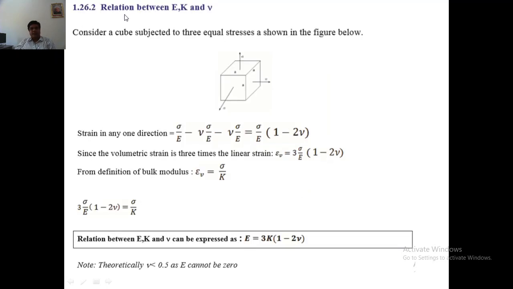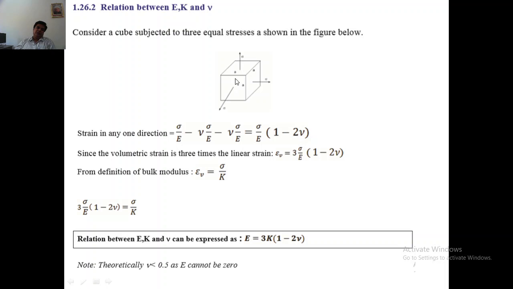Similarly, you can get the relationship between Young's modulus, bulk modulus, and Poisson's ratio. Here, for the bulk modulus, as I told you, we take the element and the stresses are applied in 3 mutually perpendicular directions. When you apply stresses in all the directions equally, there will be volumetric strain, or change in volume.